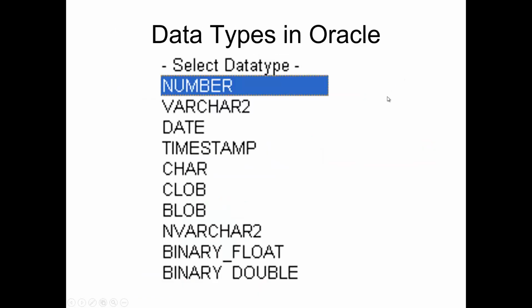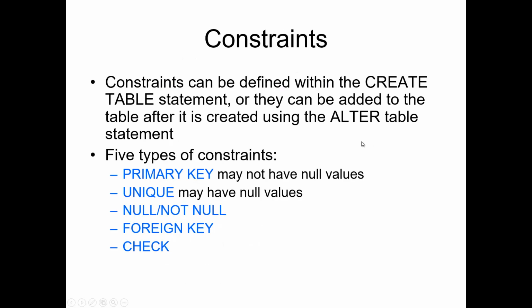This slide is a reminder of the allowed data types in Oracle, and we talked about that in a previous session. During the creation of a table, we can add the required constraints. We can also add constraints after creating the table using the alter table statement. There are 5 types of constraints.